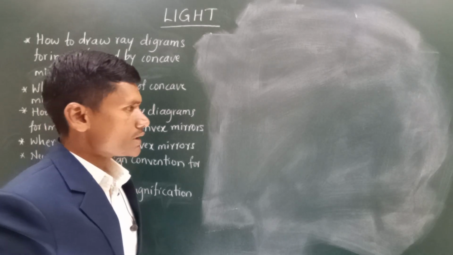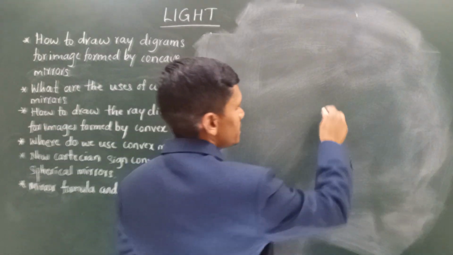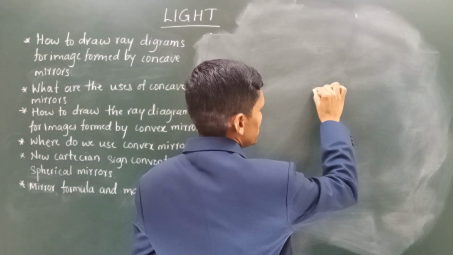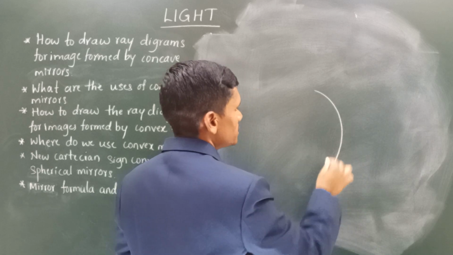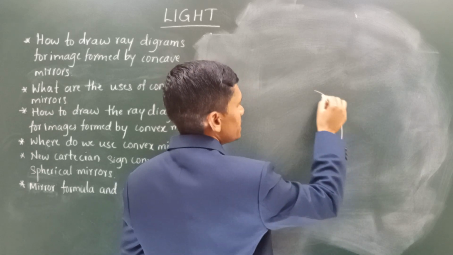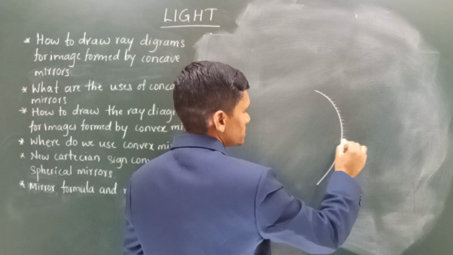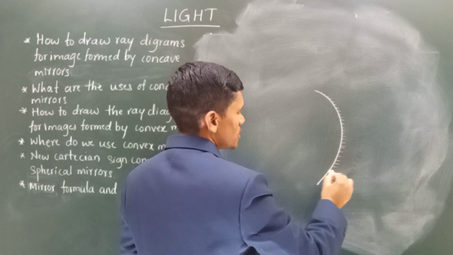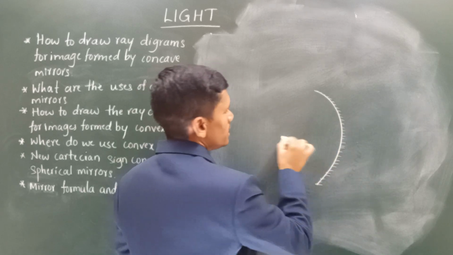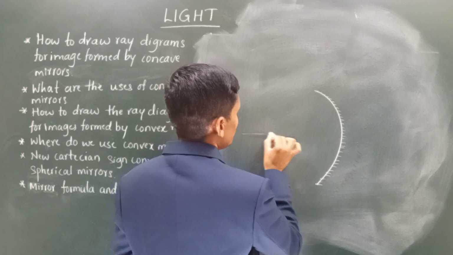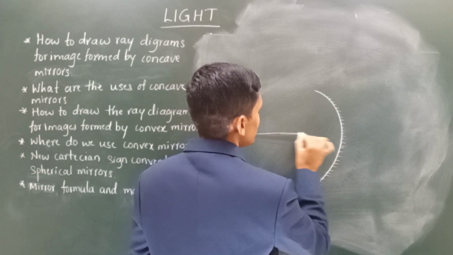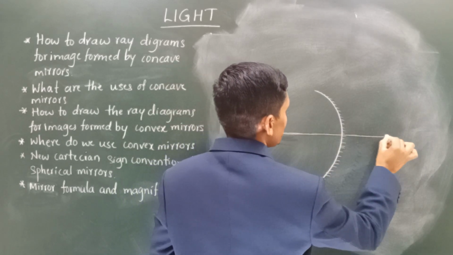What are these Cartesian signs? Very much simple, as you know already about a graph, you are familiar. In the same way, let us take this as a concave mirror. Here we have to show this principal axis, as you know already. This is the principal axis.